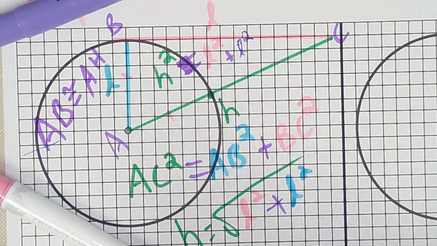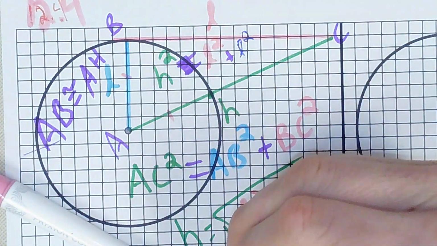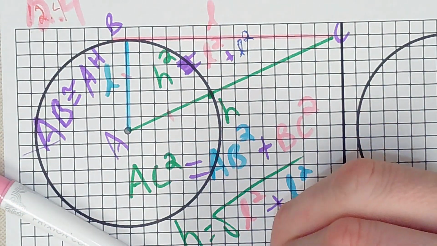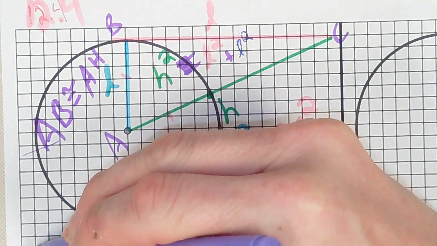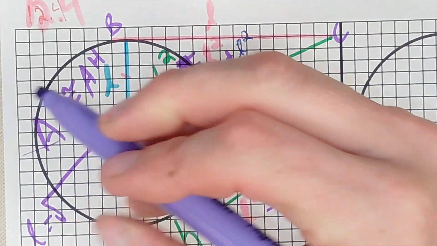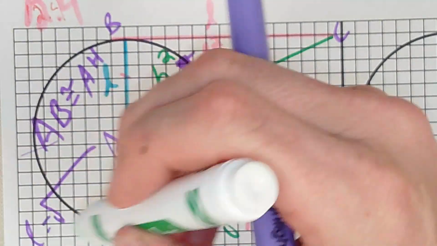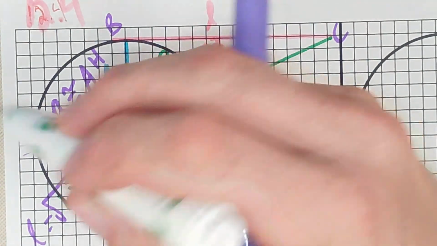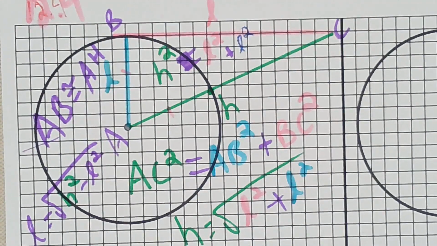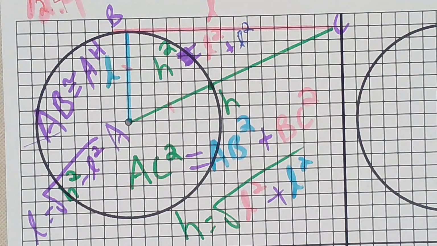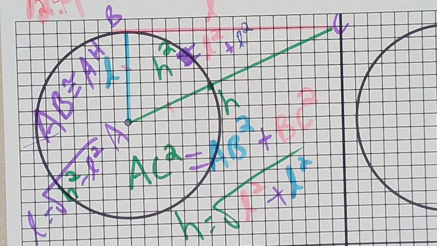If you want to solve for a leg, any one of the legs, it's going to be equal to the square root of the hypotenuse squared minus the other leg squared. It doesn't matter which one. Those are the relationships you need to recognize, and then plug your values in.